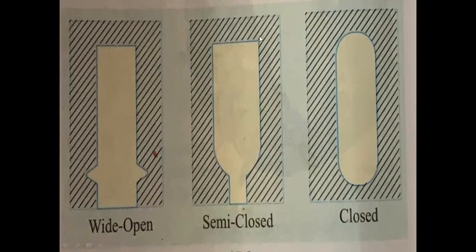Next type of slot is the semi-closed type. These slots are better in some respects, but they do not allow the use of form wound coils. The whole closed type slots or tunnels will not disturb. In the semi-closed slot, the form wound possibility is not there. We have to take the copper wire into the slot and wind it there, which is difficult.